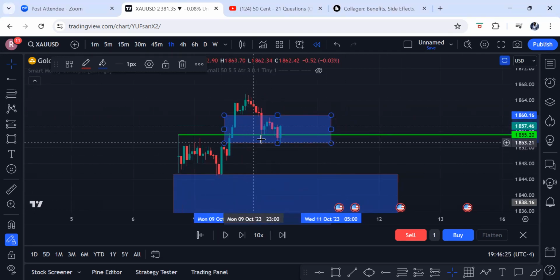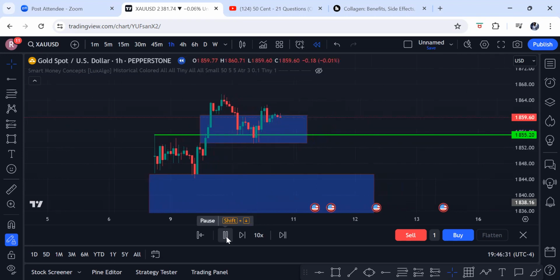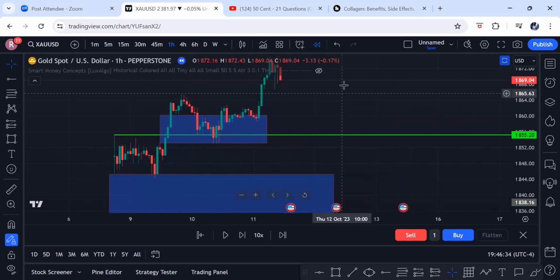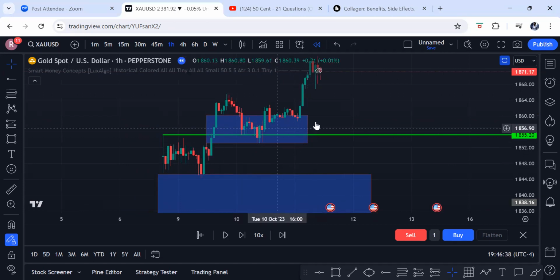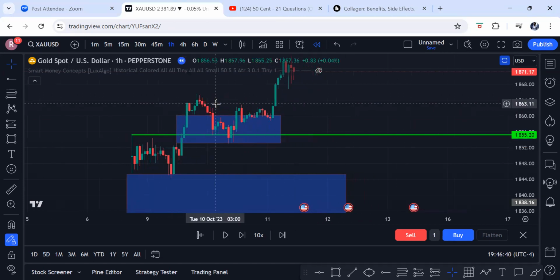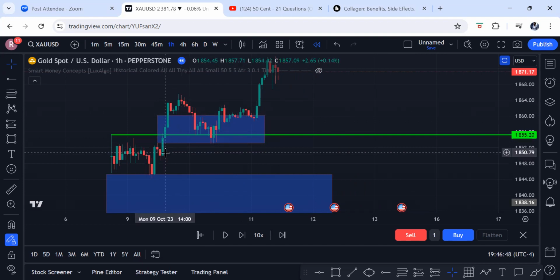There we go. Boom. So we got this, for example, price traded down into our imbalance. Bam. And there we go again. You guys seeing this? I want you to see it, follow it, see what's going on. So we got boom, price traded right down. And as your mind starts to click, you can see the order block and so forth here as well.